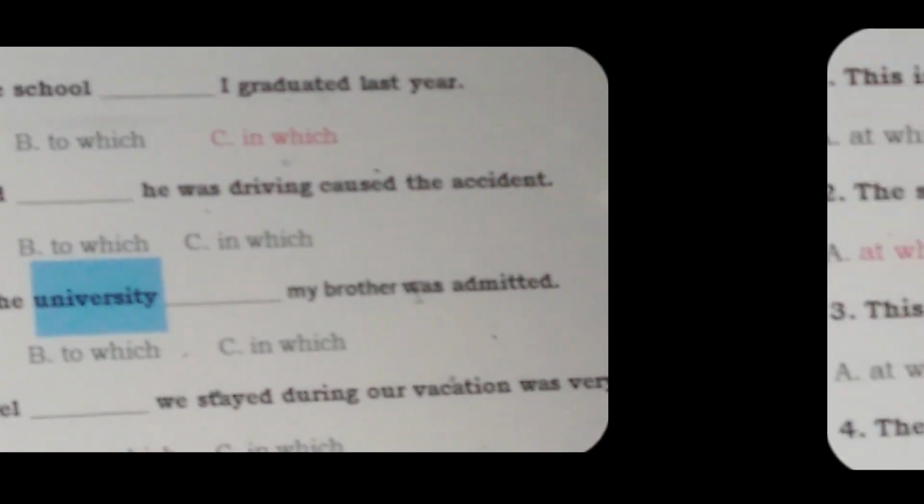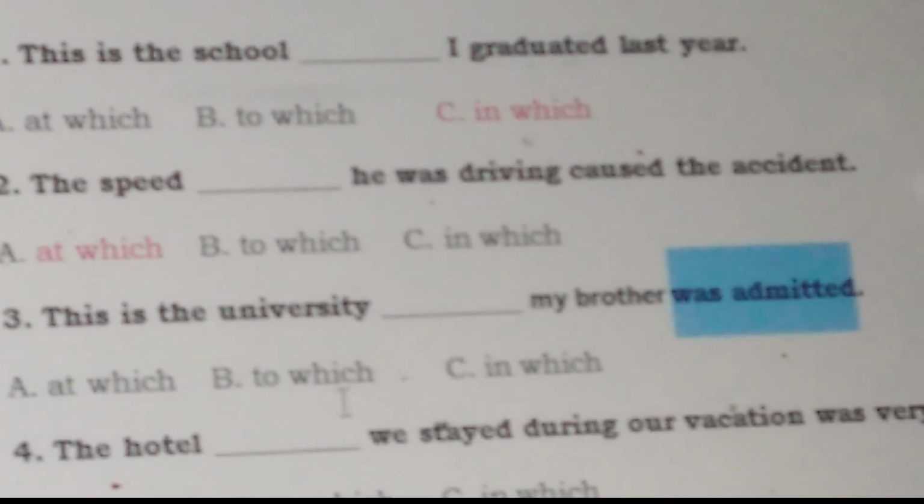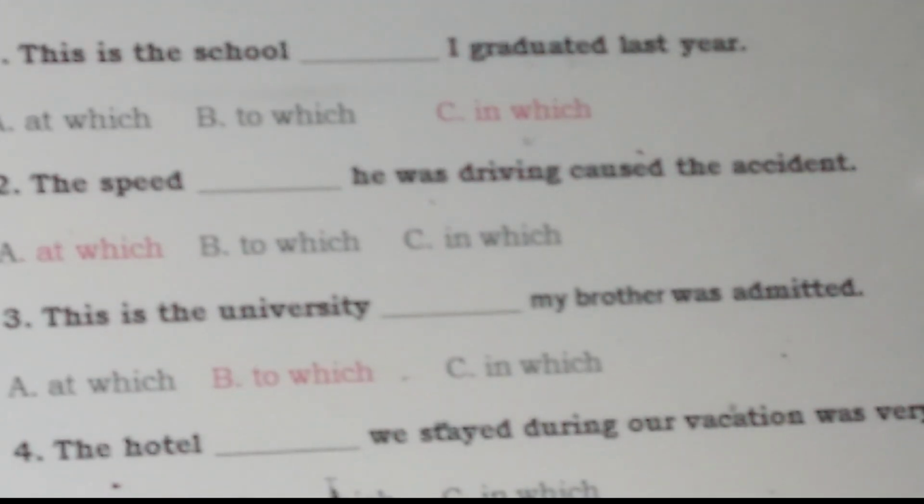This is the university that my mother was admitted. Look, the university, my mother was admitted, but there is some movement, right? If there is movement, this is the university to which my mother was admitted. So there is a movement, we have to use to. Number 4: the hotel blank we stayed during our vacation was very expensive.